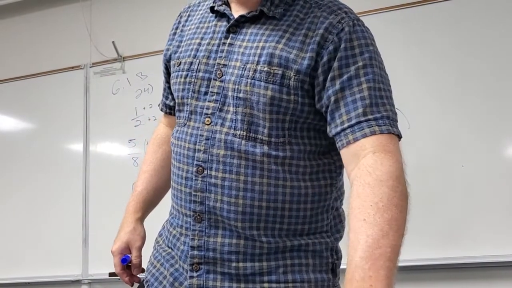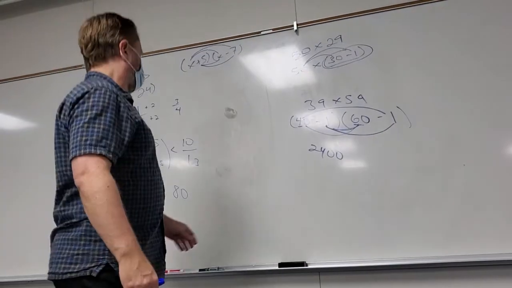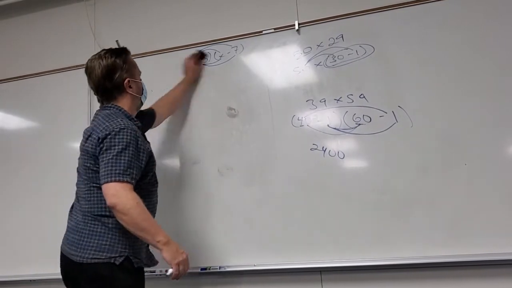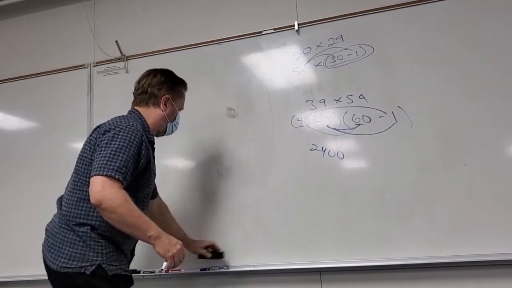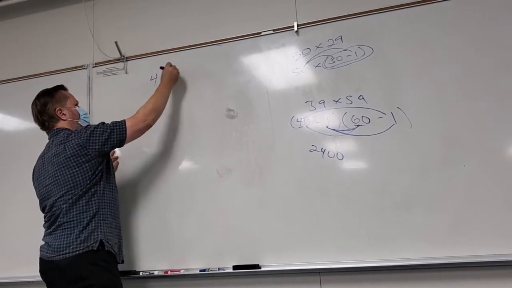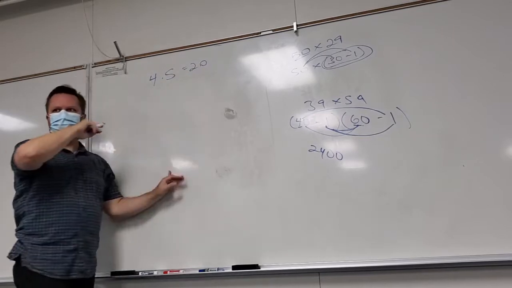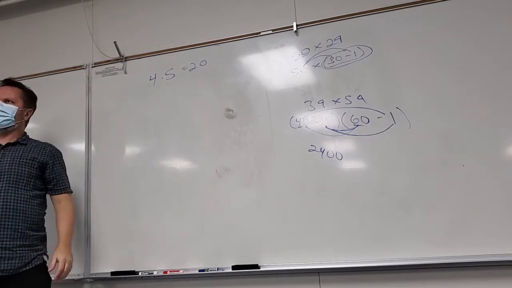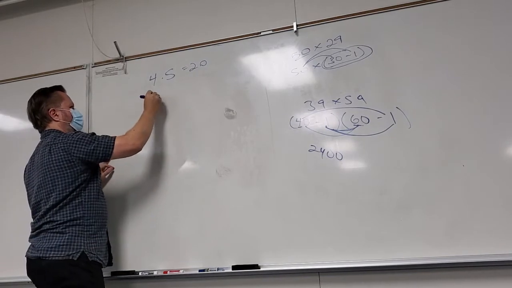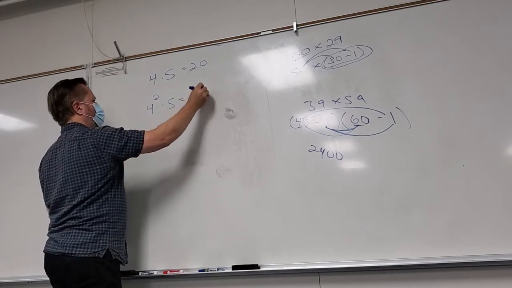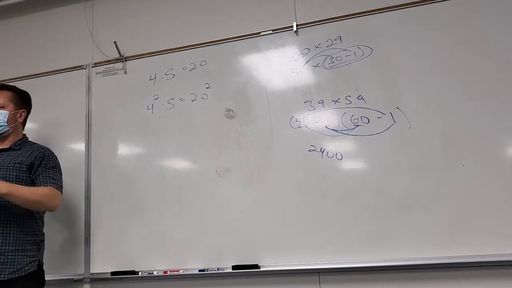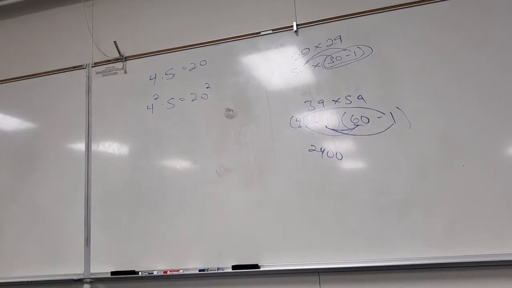We talked about this a little bit, and I kind of love this idea. We all know, for example, that 4 times 5 is 20. So a student, when they first learn exponents, might think 4 squared times 5 is 20 squared or something like that. But why is that not correct?